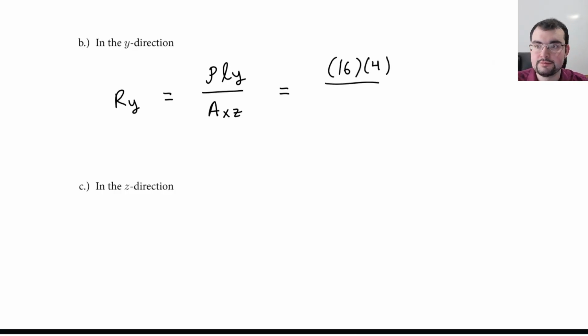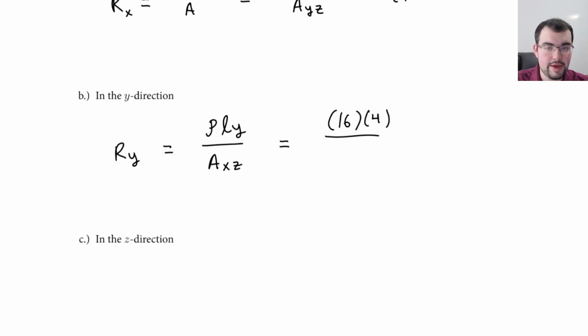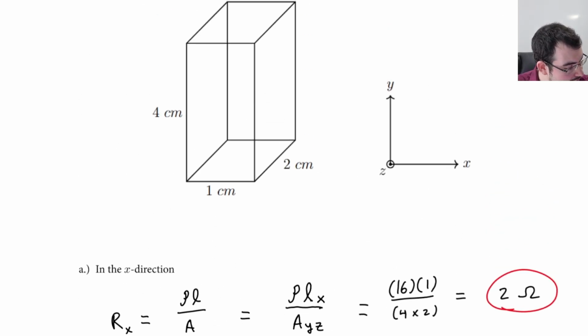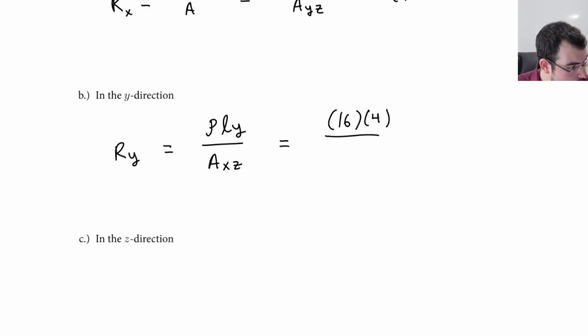And then for the area we're going to use, well, that's going to be the area in the xz plane, right? If the current is going this way up, this means our cross section is going to be this, which is a 1 by 2 rectangle. So that's 1 by 2. So we get 16 times 2, 32.